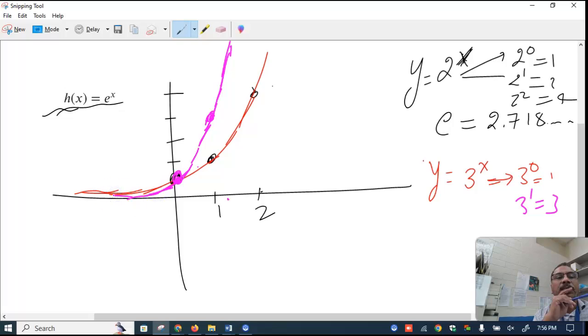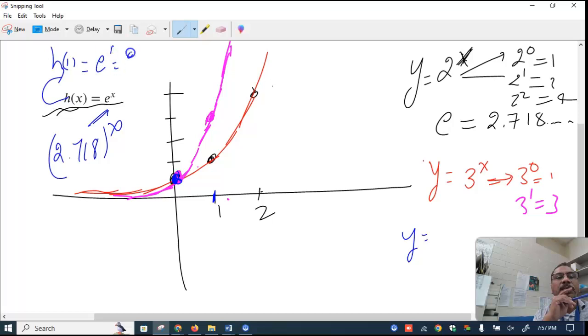But then what about if I use e raised to x? I'm going to use blue. So y is e raised to x, where e is 2.71. Anything raised to 0 is 1, so this is 1. If I put h of 1, this is e raised to 1, which is 2.718, so I'll round it to 2.7.